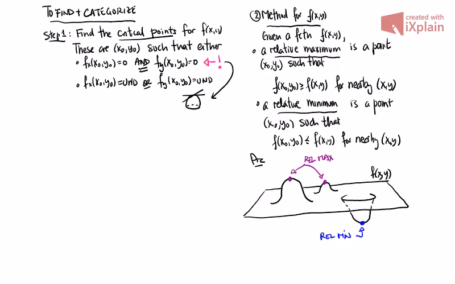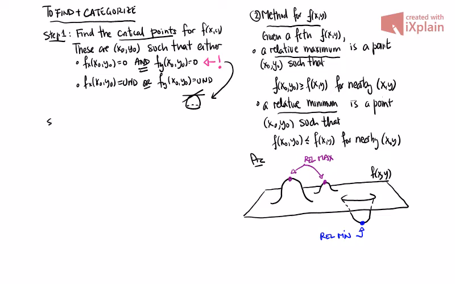F sub y is the derivative in the y direction, that would be 0. The tangent line's horizontal. So in fact, every single directional derivative would be 0. But for the sake of finding them, we find where those partials are 0. That second case that we won't do so much is not so relevant. It's a little more quirky. So we're going to find those critical points first.